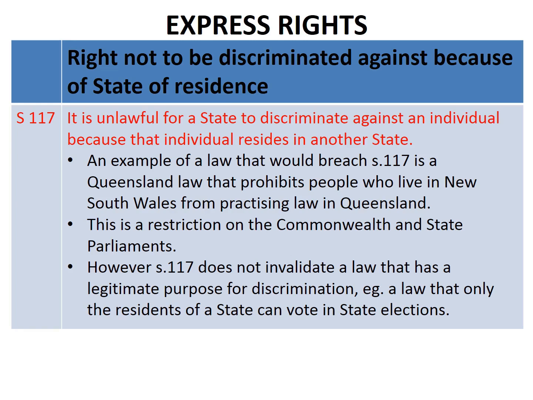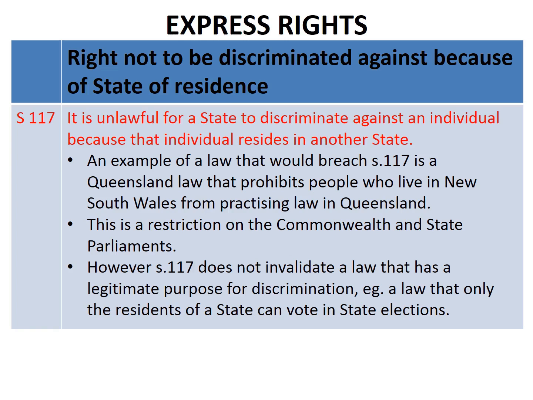That would be an example of a law that breaches Section 117. This is because people who live in Queensland are permitted to practice law in Queensland, but a person who lives in another state, for example New South Wales, is prohibited by that law from practicing law in Queensland.